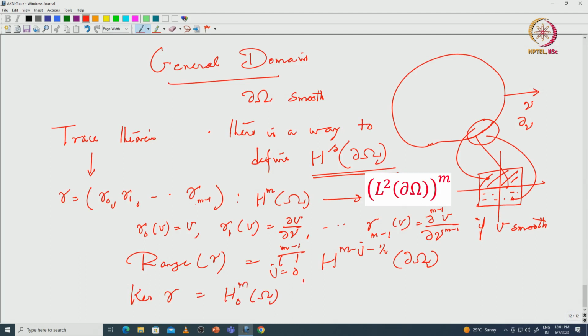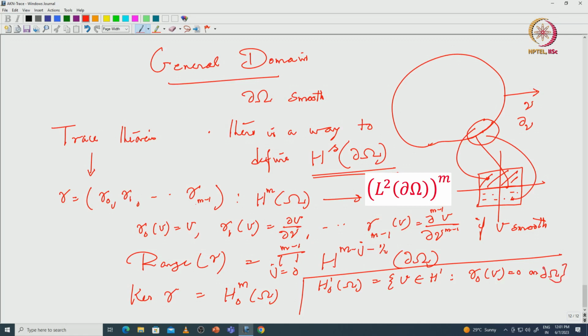Okay. So let me not get onto another page; I have covered exactly 12 pages. I will stop. For example, you have already seen H1_0 of Ω is, of course you need the smoothness of V, keep that in mind, the set of V in H1 such that γ0 of V equals 0 on ∂Ω.